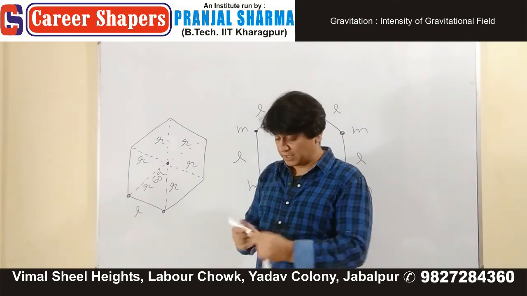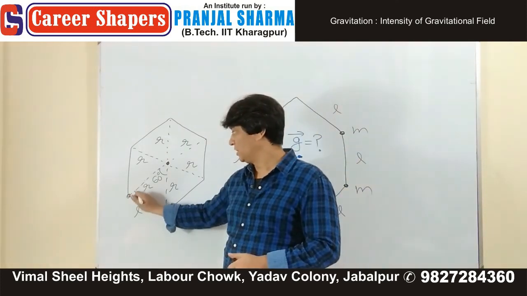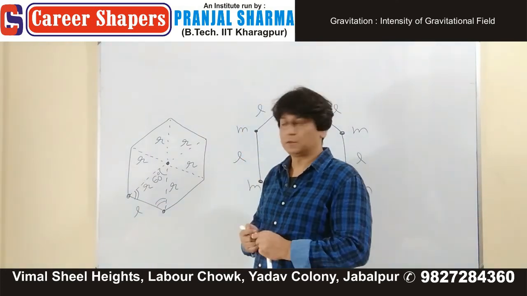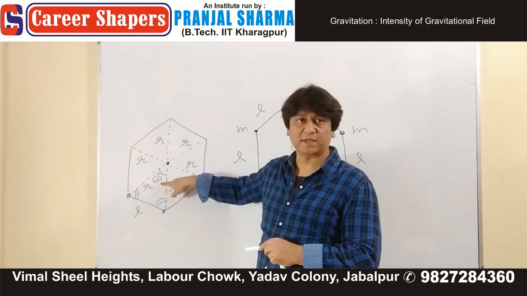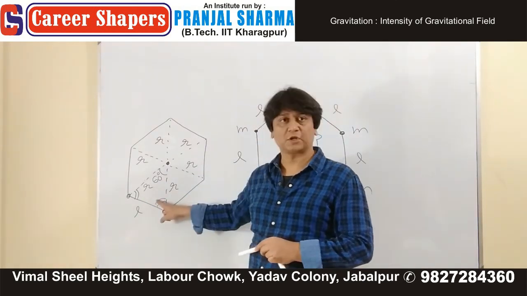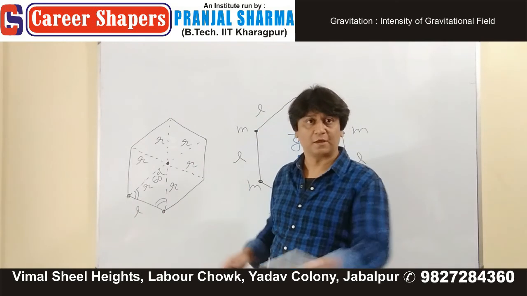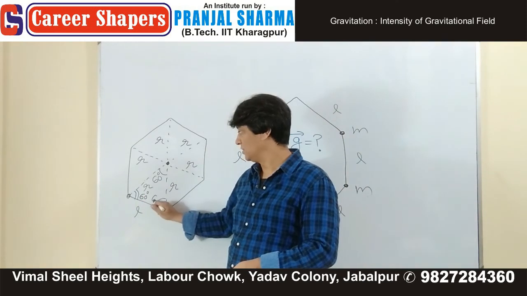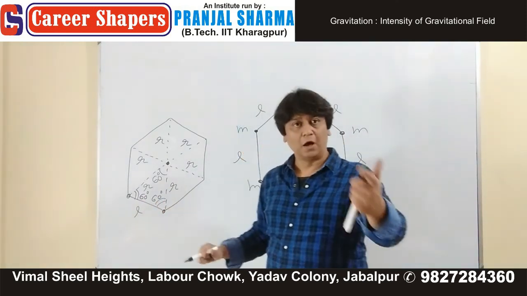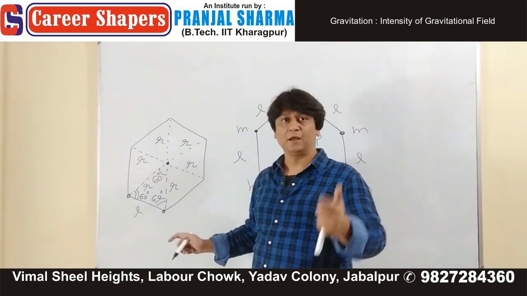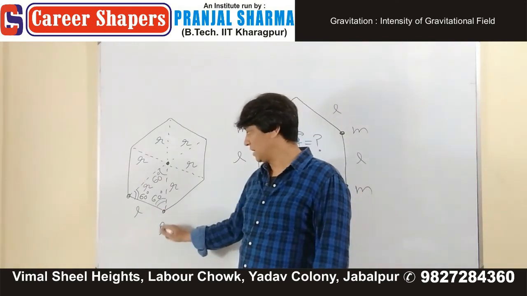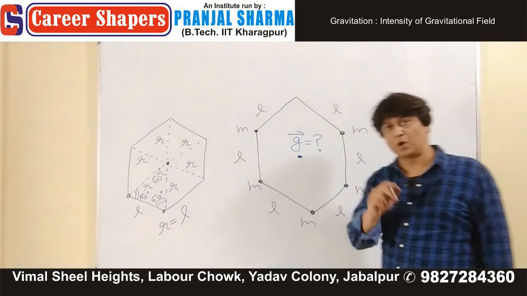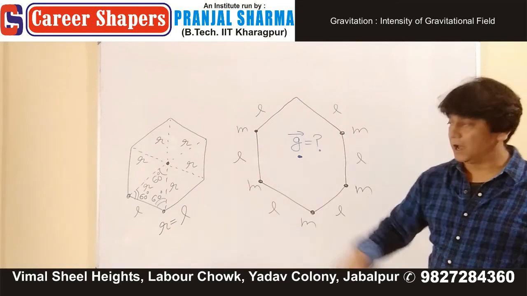Now if it's an isosceles triangle, then these two base angles should be same, but this is already 60. तो फिर ये दोनों क्या हो सकते हैं? 60, 60. That's the only option left. Now, since all three are 60, it becomes an equilateral triangle. And if it is an equilateral triangle, then you got the value of R as what? L. So R is coming L.